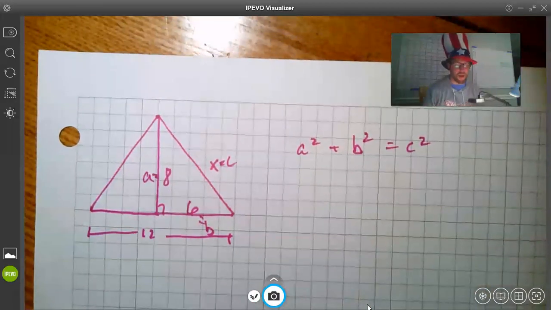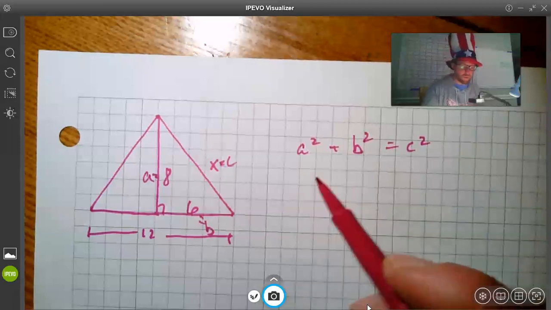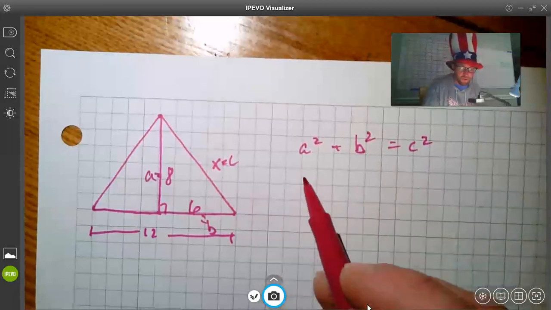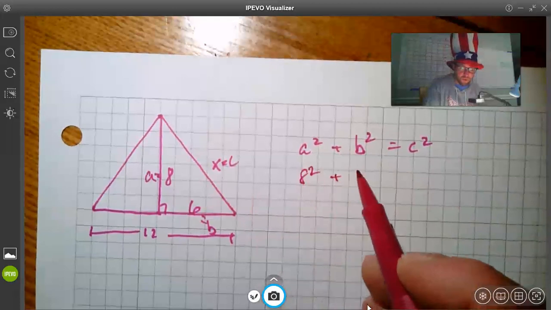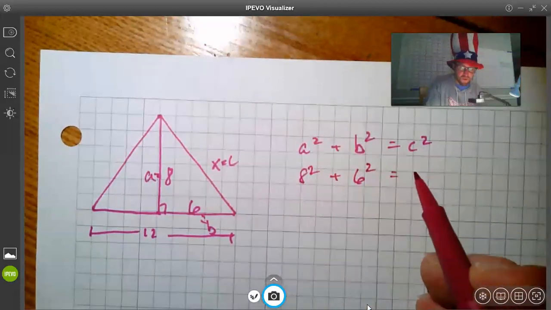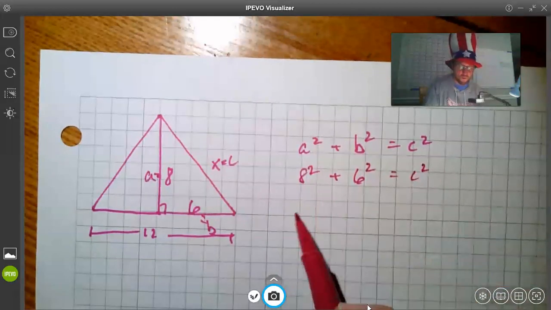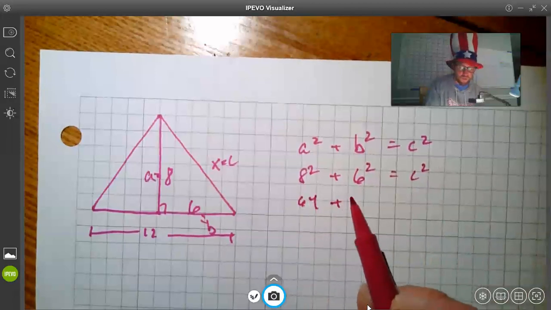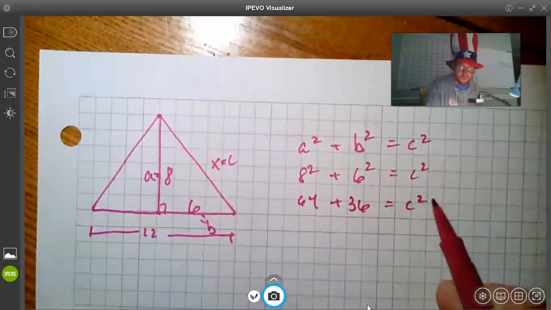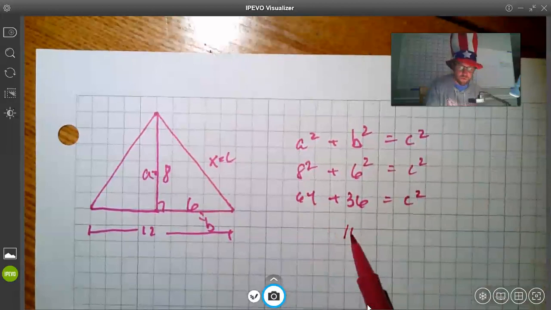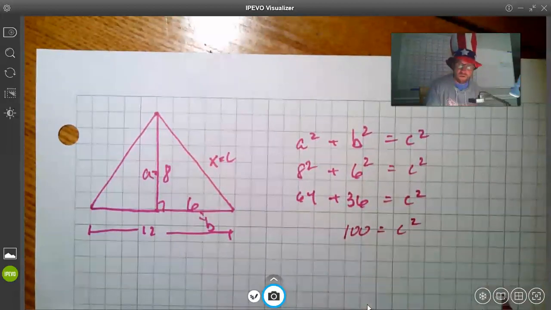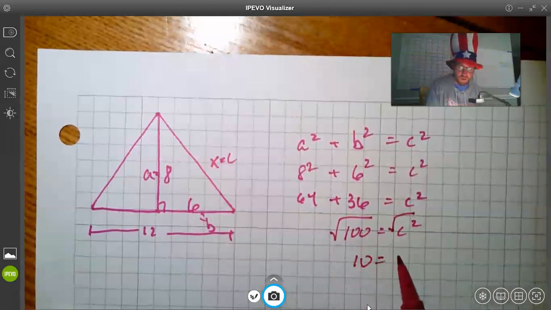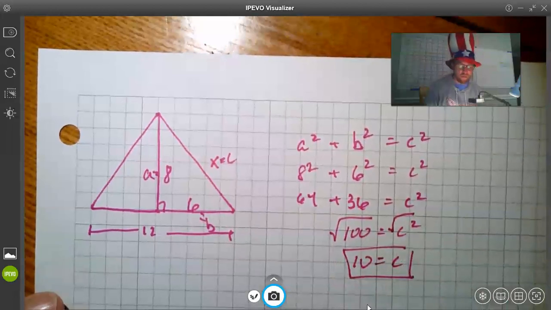That's a common right triangle to show up in these problems, but we'll do the math anyway. So I've got 8 squared plus 6 squared equals C squared. That's 64 plus 36 equals C squared. 64 and 36 is 100. And the square root of 100 is 10.